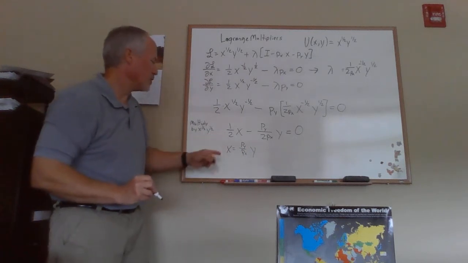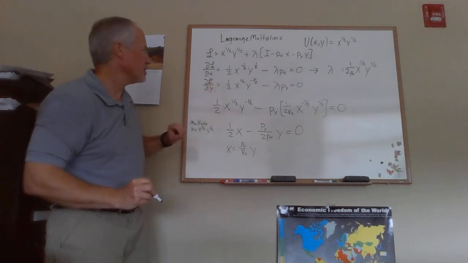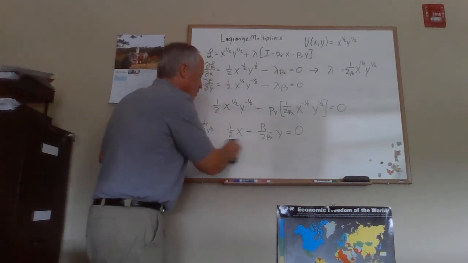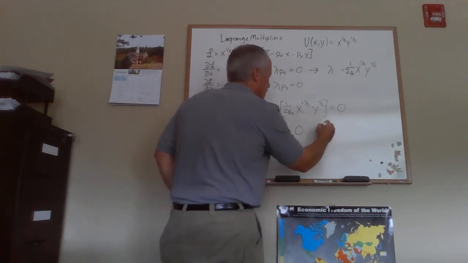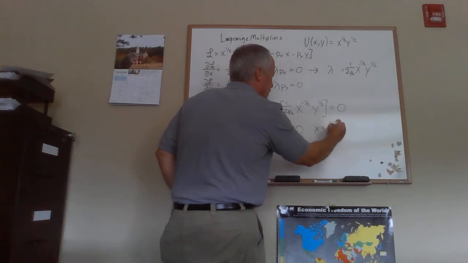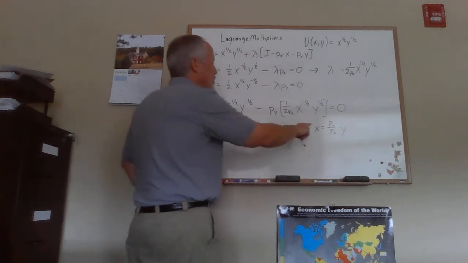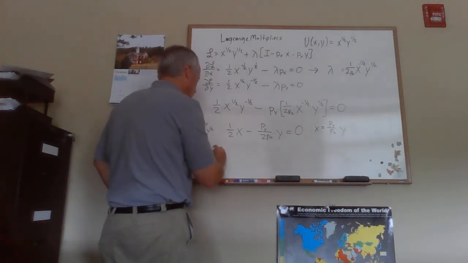the 1/2 will cancel. And then you've got to substitute this into the budget constraint. Actually, I'm going to write this over here so I have a little more space. Substitute this for x in the budget constraint.